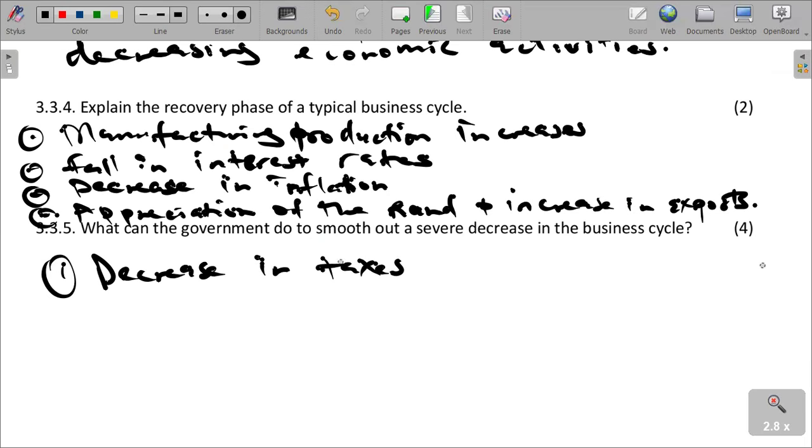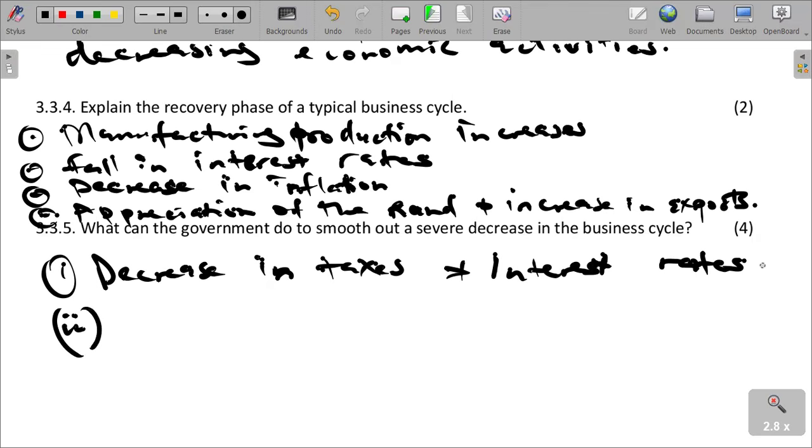We also talk about taxes and interest rates. Interest rates also decrease, in order to encourage borrowing and also business performance and investment.